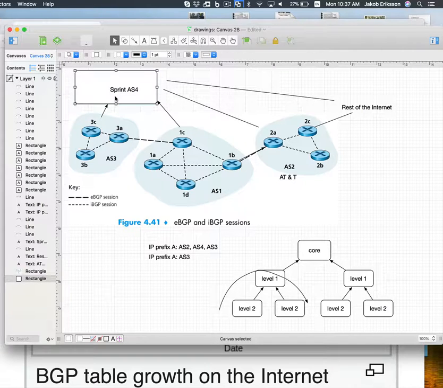In general, there's no technical enforcement for this built into the protocol. It's just, you can tag your routes with stuff. But in practice, it usually works out pretty well.